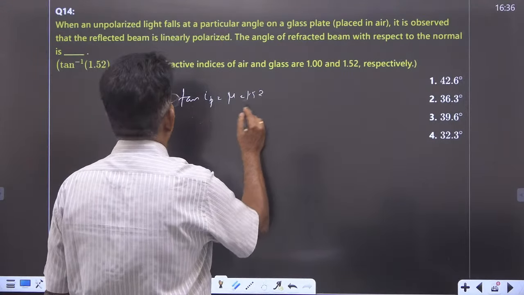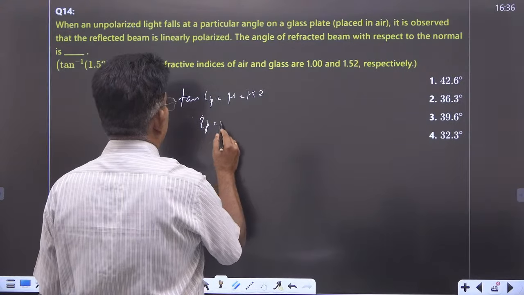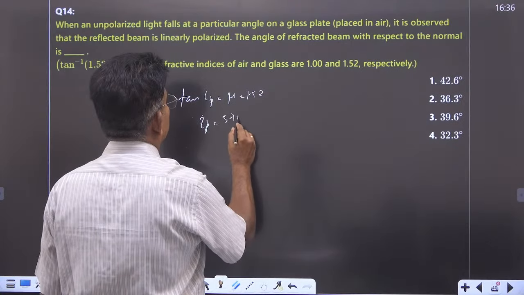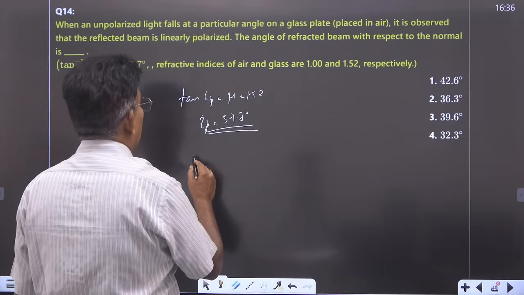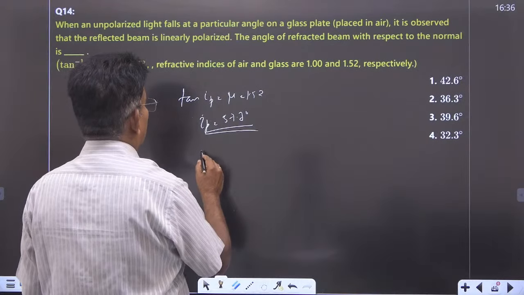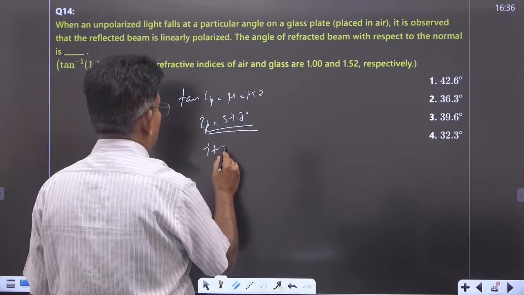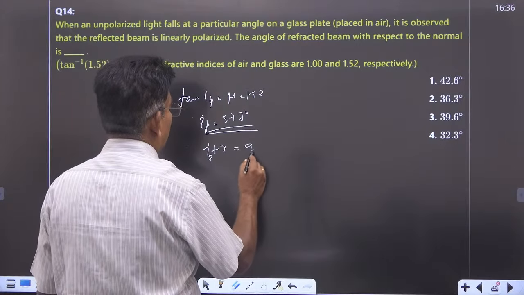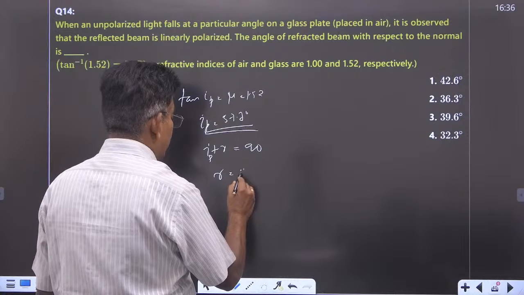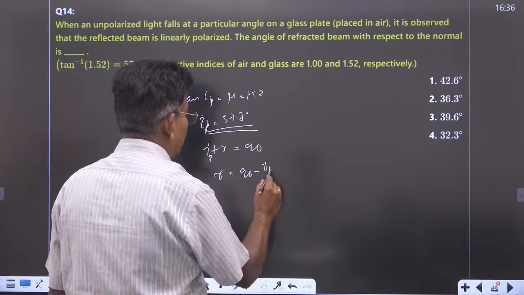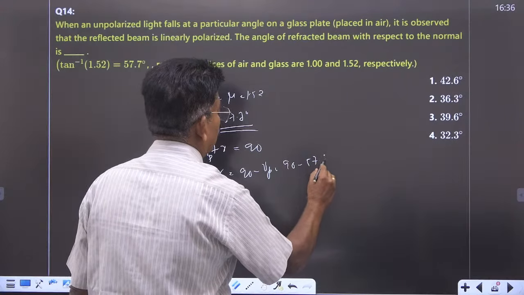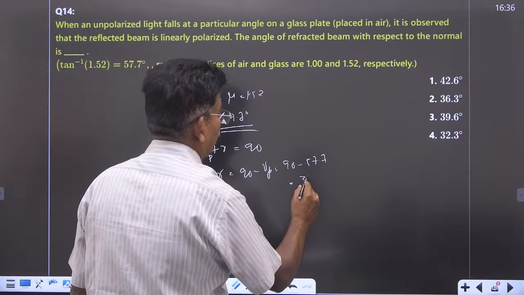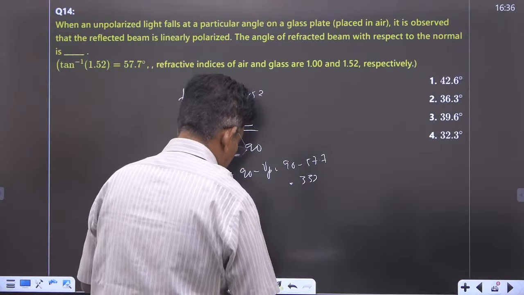This gives you that angle of incidence, the polarizing angle, is 57.7 degrees. Then, what is the question asked? IP plus R is equal to 90 degree. Then angle of refraction is equal to 90 minus IP, that is 90 minus 57.7, which comes to be 32.3.